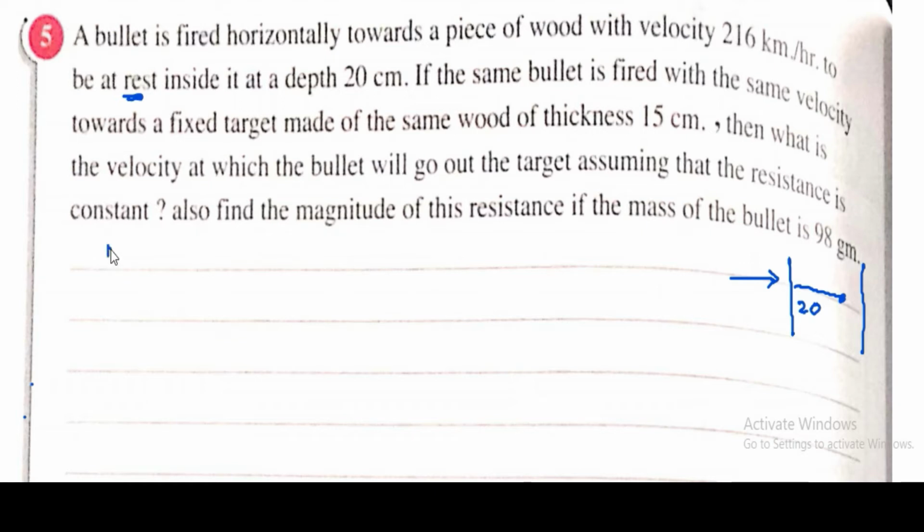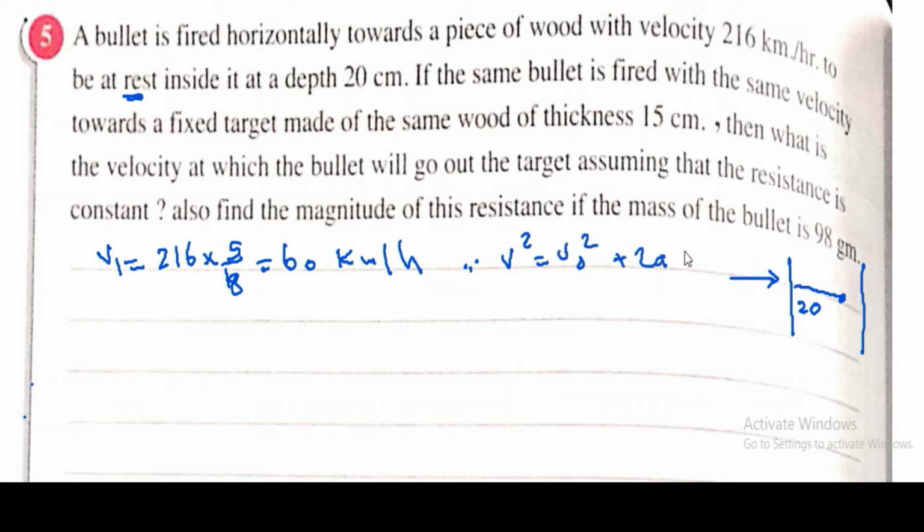So V1 equal 216 times 5 over 18, it will be 60 meter per second. Since V square equal V node square plus 2AS, where V equal 0 because it becomes at rest: 0 equals 60 square plus 2 times the acceleration times S 20 centimeter, which means 0.2 meter.